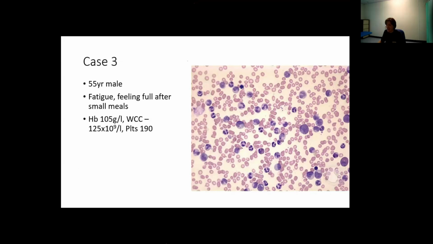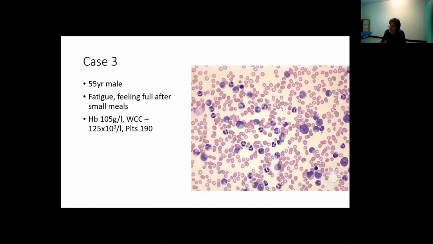Okay, so on to something slightly different. Case 3 is a 55-year-old man who presented feeling just generally fatigued, but also feeling particularly full after very small meals. He's slightly anemic with a hemoglobin of 105, but he's got a white cell count of 125, so really quite high, and a normal platelet count.